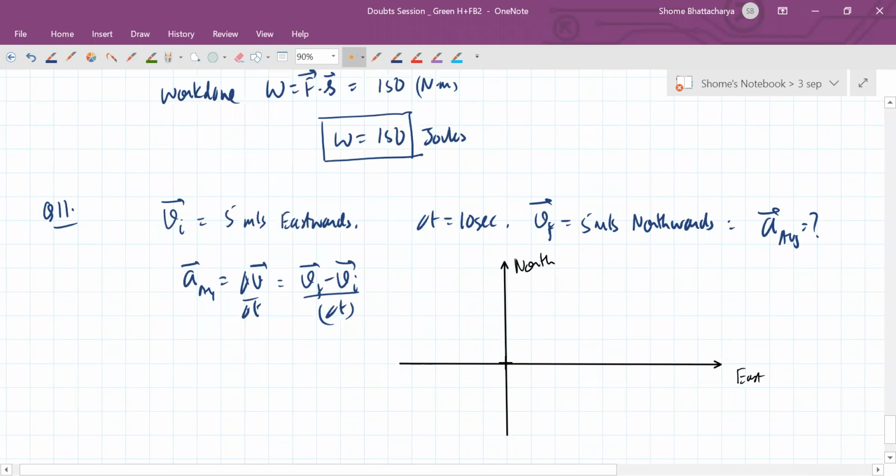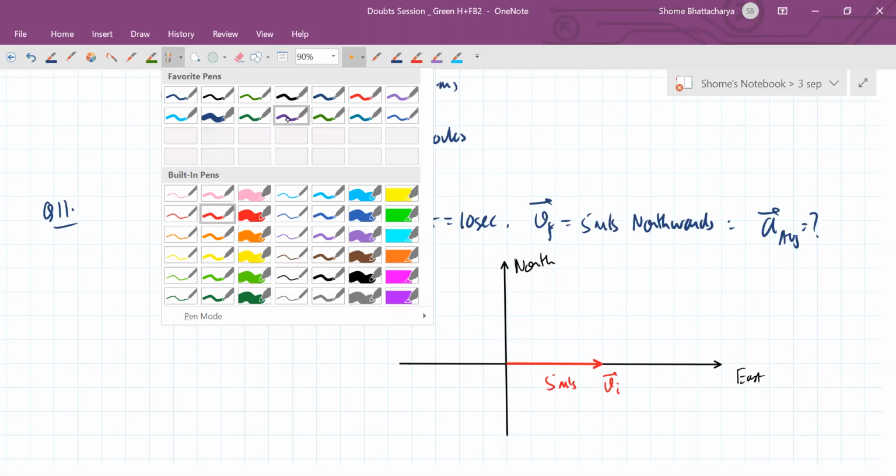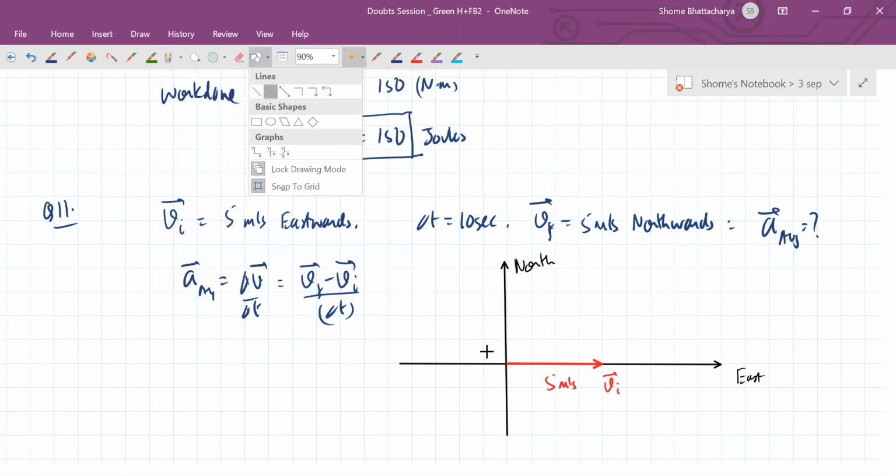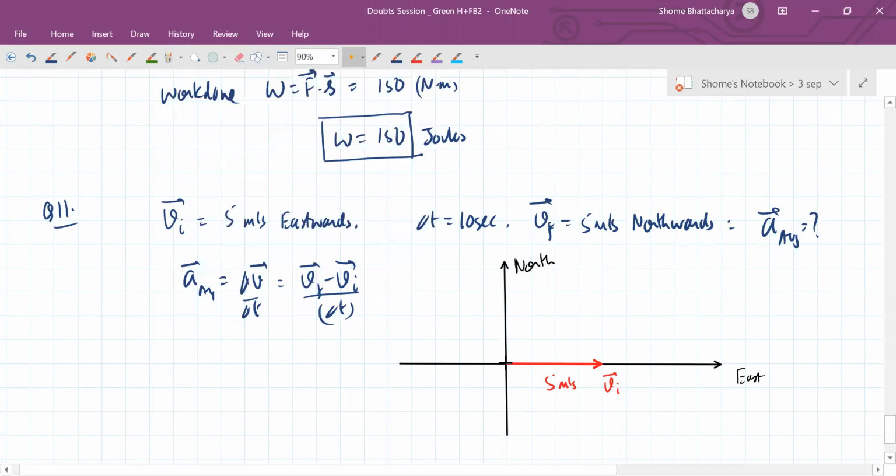So it would have been like this, to your final value, which is like this towards north.